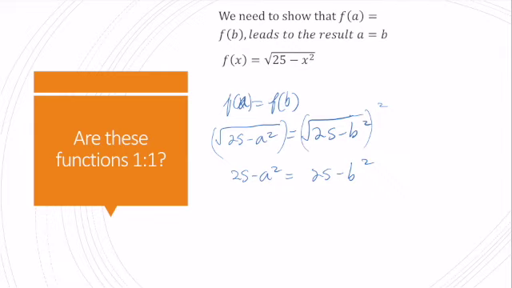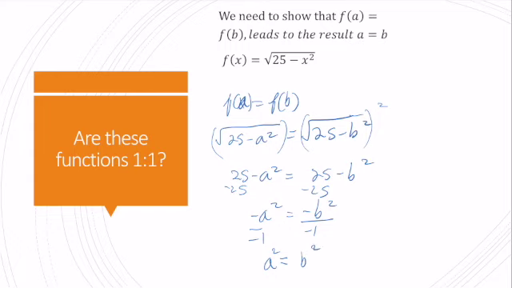Okay, I have to subtract 25 from both sides. I get negative a squared equals negative b squared. I divide both sides by negative 1. I get a squared equals b squared.